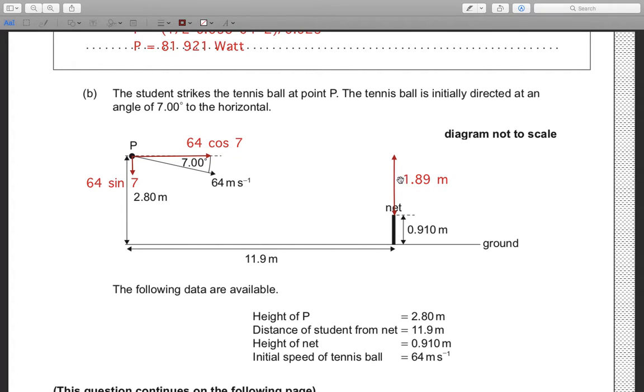So this distance, we will find, is it above this distance or not?